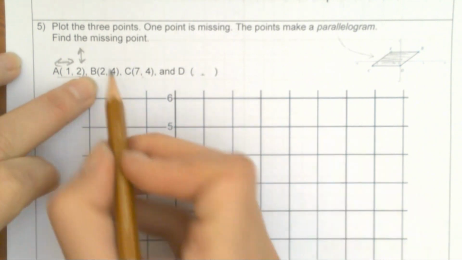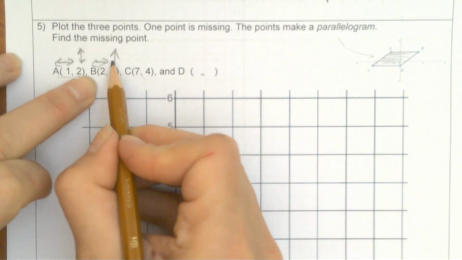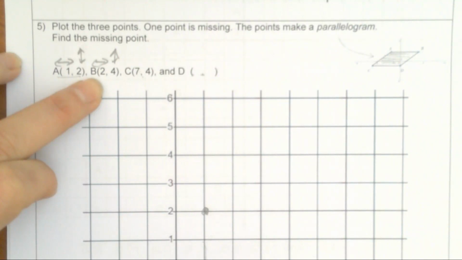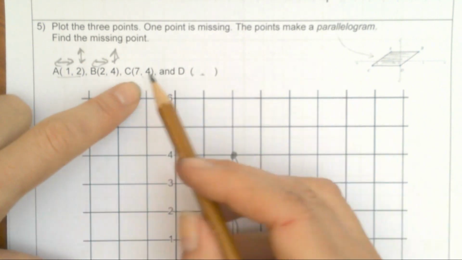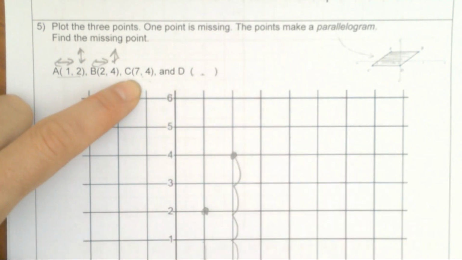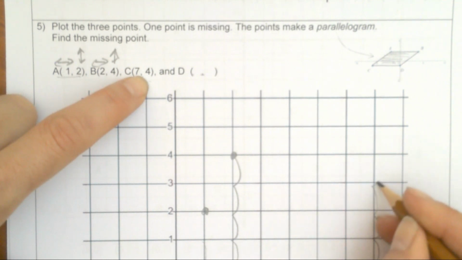So this is left and right, this is up and down. So over 2 and up 4. 1, 2, 3, 4. 7. So this is over 7. 1 to right 7. 1, 2, 3, 4, 5, 6, 7. And up 4. 1, 2, 3, 4.